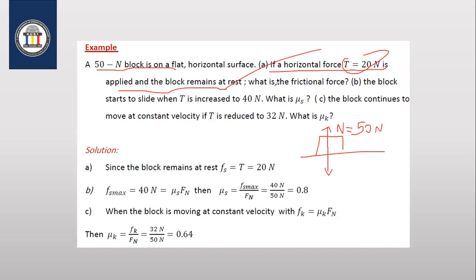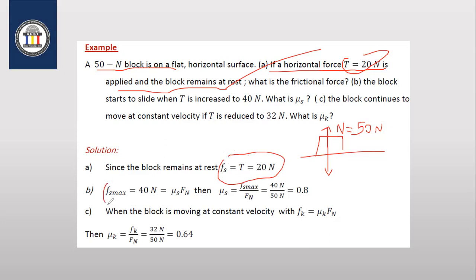However, when you apply a horizontal force and the object is still at rest, that means the friction force will be equal to the applied force. So Fs will be equal to T, which is 20 Newton.